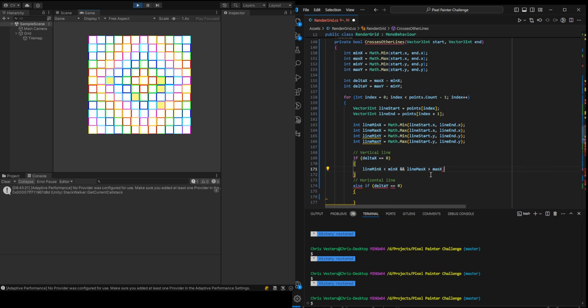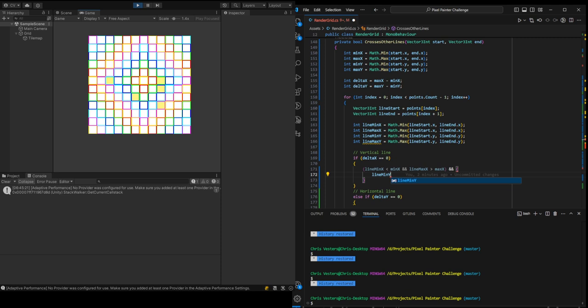And of course, if I have a line from here to here and I have the line over there, that doesn't work. And I have to say line min y, because this could also be a vertical line.